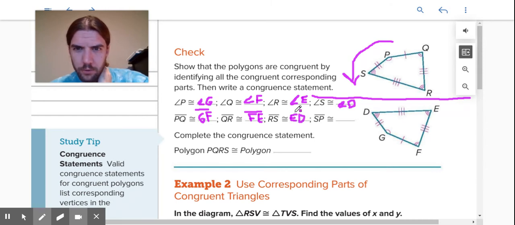Okay, so very straightforward stuff here so far. SP congruent to DG. Okay, since all of our parts have corresponding partners, we can say that polygon PQRS is congruent to polygon GFED.